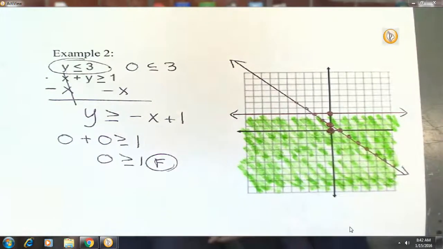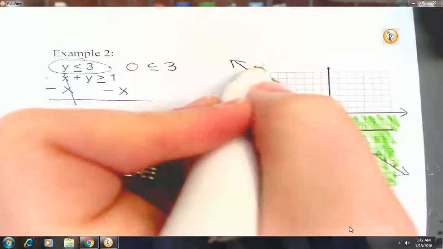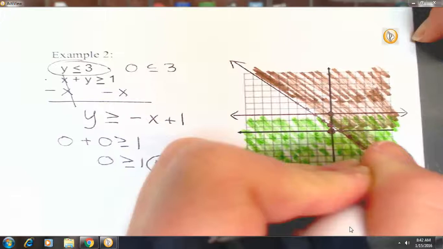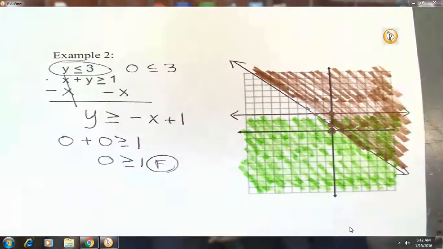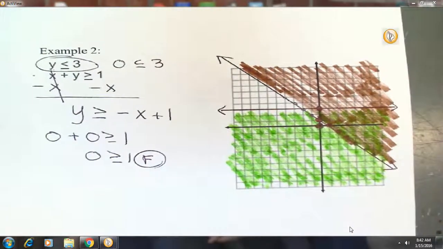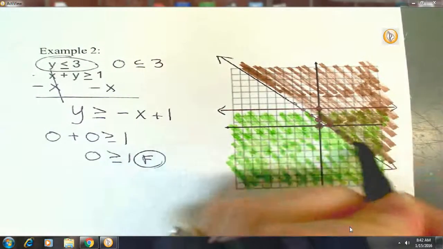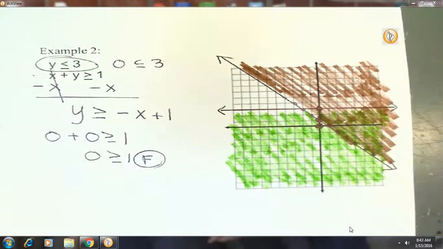Shade the other side. Our solutions are points within the region that is shaded in green and brown. Can't list all those solutions, so we're using our graph to represent them.